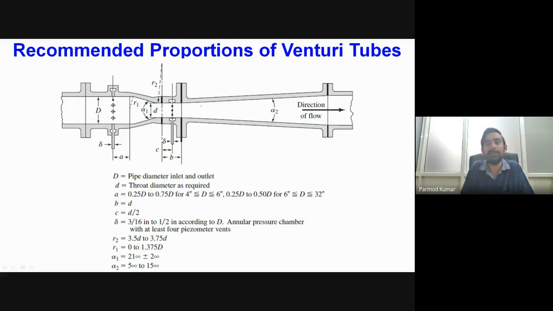Over here you can see that alpha 2 is this angle. The value of alpha 2 is specified from 5 degrees to 15 degrees. This is the limiting value for alpha.